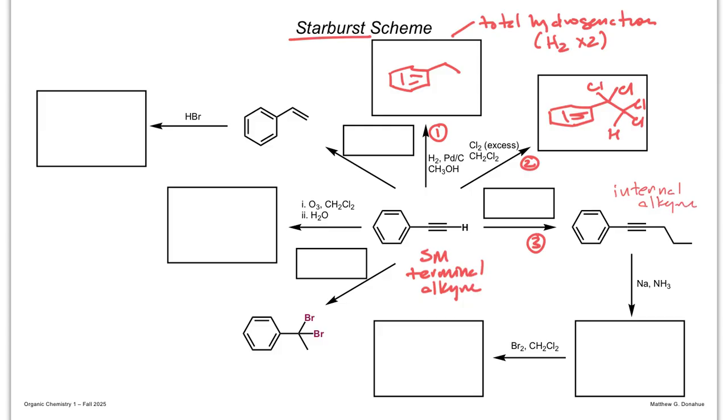In reaction 3, we're generating an internal alkyne. So from starting material to product, what electrophile should we use? Any guesses?